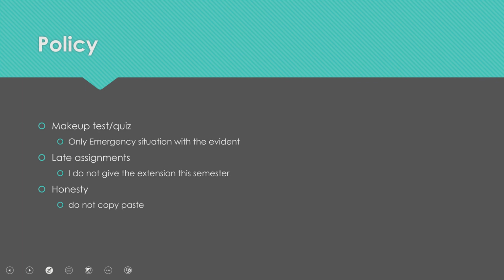For late assignments, I accept them, but only up to 5 days, and each day will downgrade 10 percentage points. Which means if you got 100% for assignment 1 and you're late 1 day, you will be downgraded to 90%. After 5 days, I do not accept any late assignment.